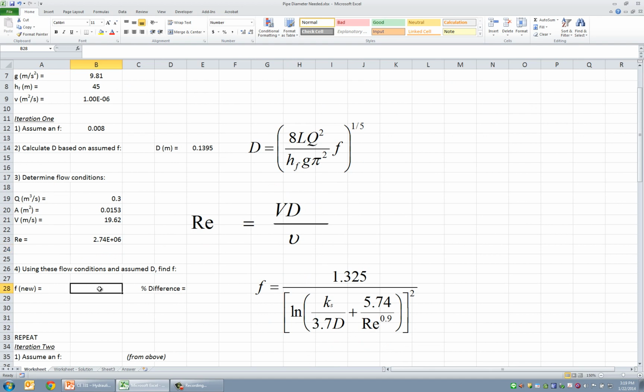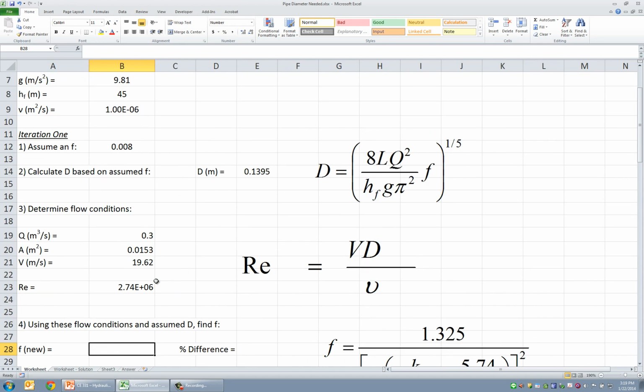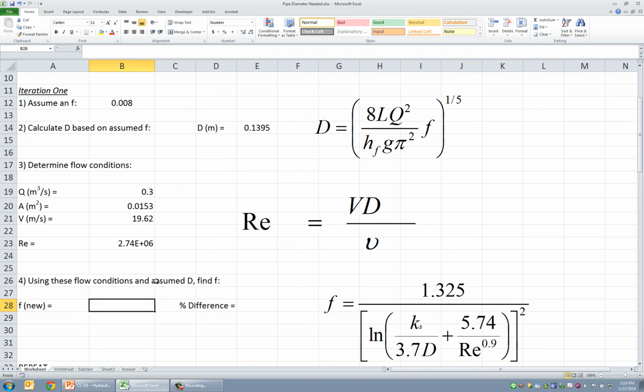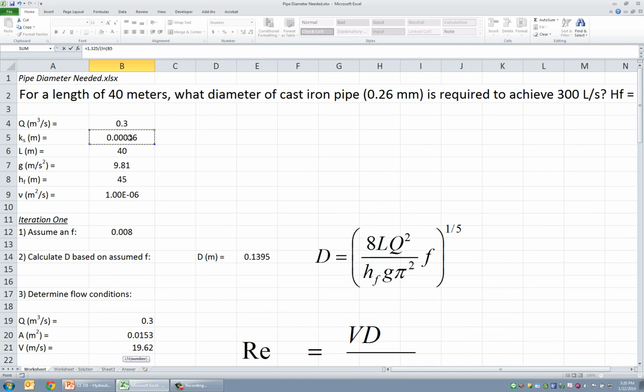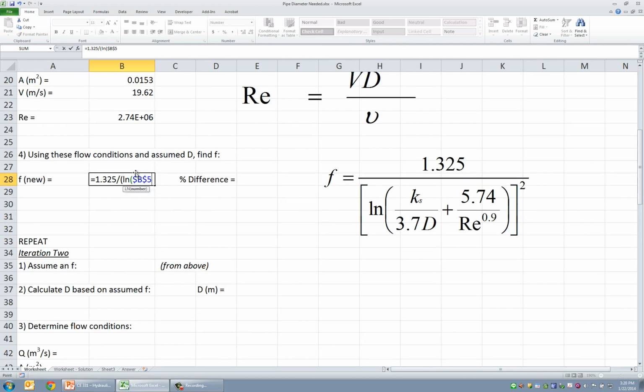And so now what's this new calculated f value based on the Swamee-Jain equation? Let me type in the equation, 1.325 divided by, I'll make that even bigger, hopefully you can see it. You know, this is a high definition recording, so you should be able to, in YouTube, change it so that it displays in its full resolution. Equals 1.325 divided by the logarithm of the k sub s value, I'm going to anchor it, divided by 3.7.